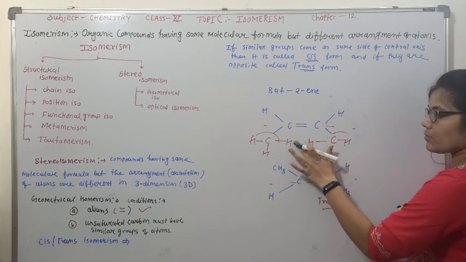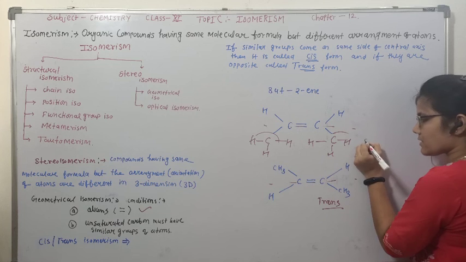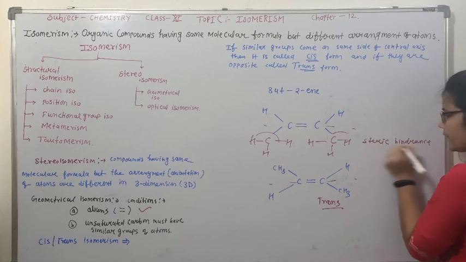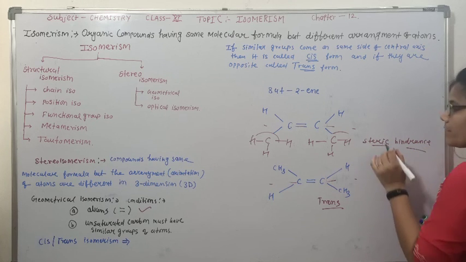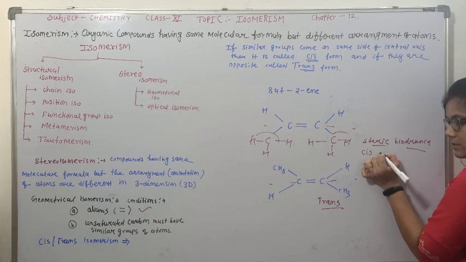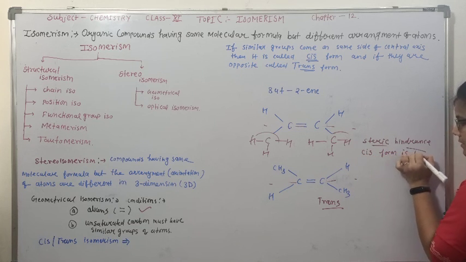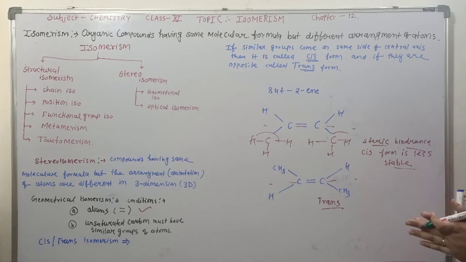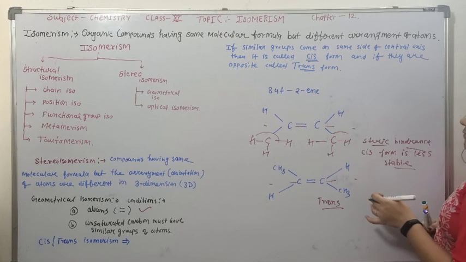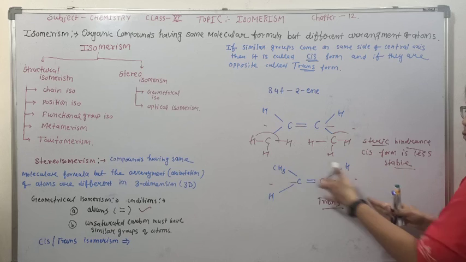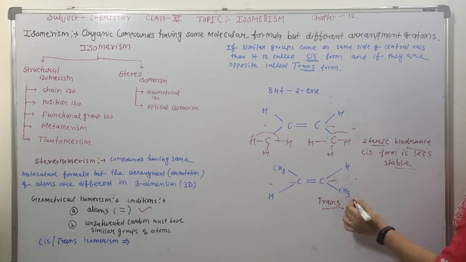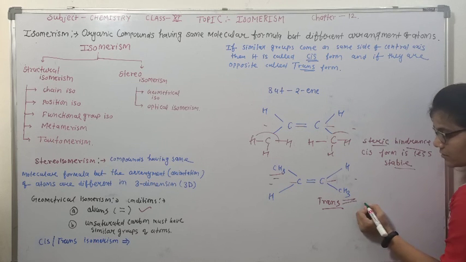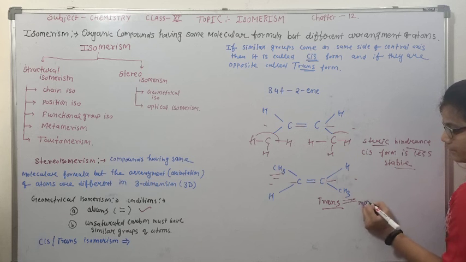Because of bulkiness, there is steric hindrance, and due to steric hindrance, cis form is less stable. Why? Because of steric hindrance. What is steric hindrance? Bulkiness. While in trans form, the groups are opposite to one another, and because the bulkiness is not on the same side, trans form is more stable.